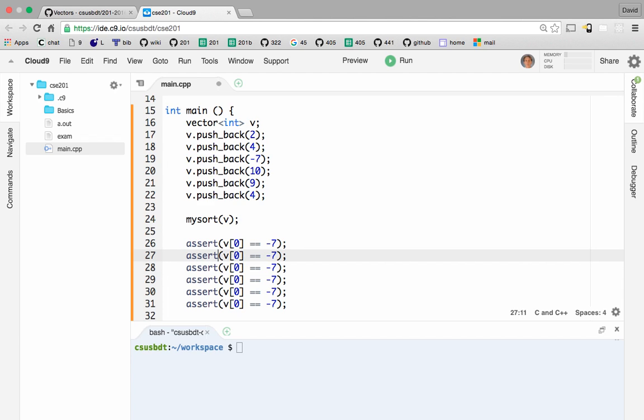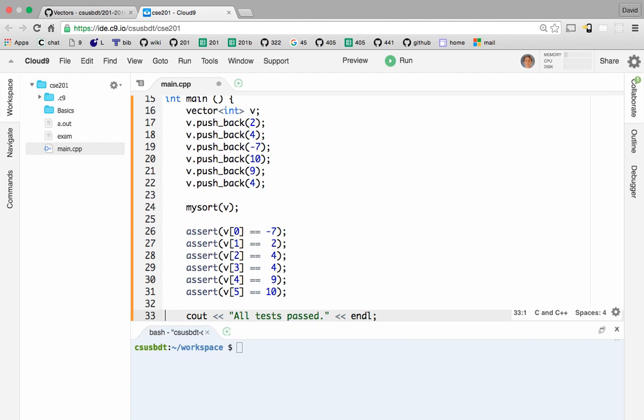And let's do the others. We've got v of 1, v of 2, v of 3, 4, and 5. The next position is 2, and then 4, and 4 again, 9, and 10. That's the sorted result. So there's our test code.